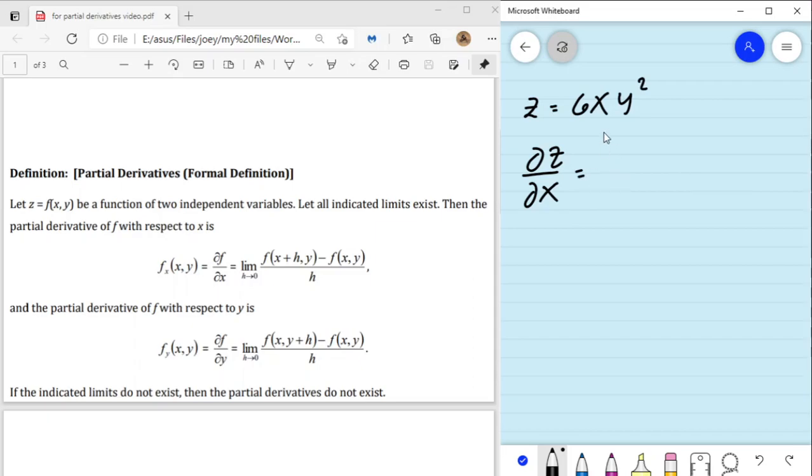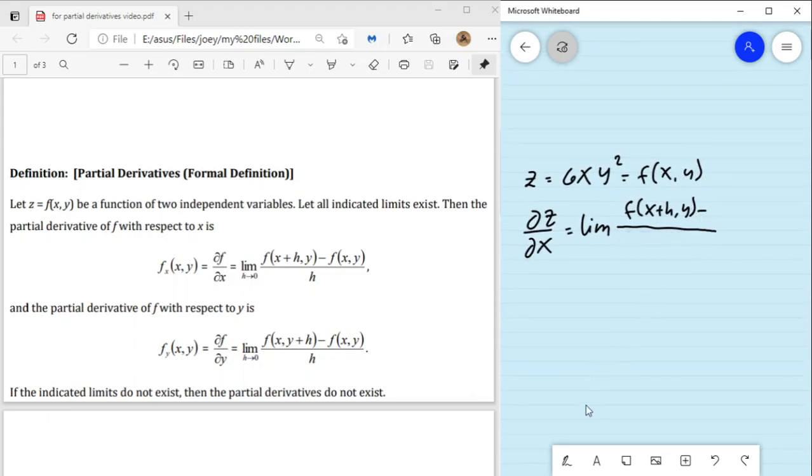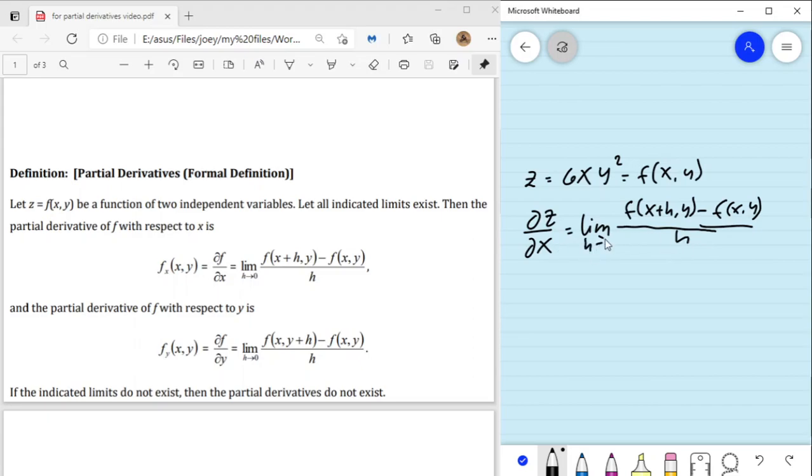So by definition, this is the limit of, suppose this is f of xy, so that is by definition f of x plus h comma y minus f of xy all over h as h approaches 0.